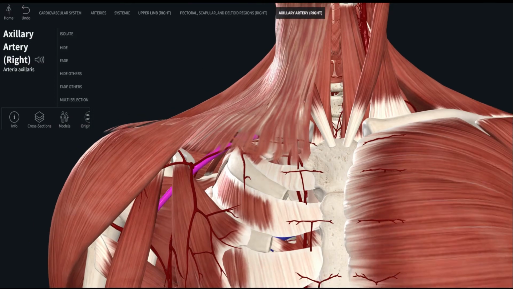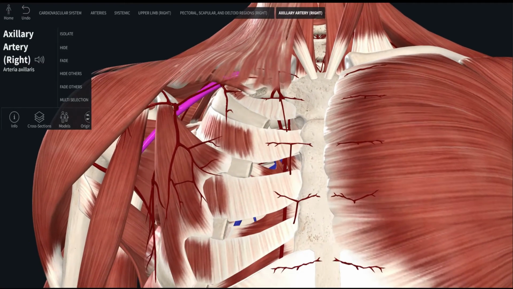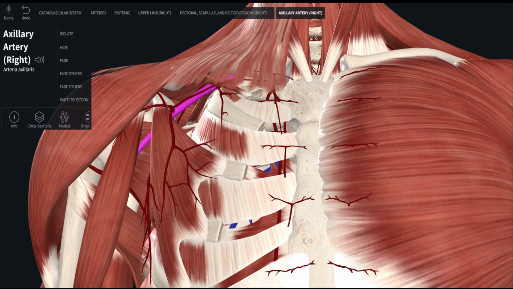Pectoralis major itself again will be an anterior relation. Why? Because as you can see, this is the pectoralis major. If the pectoralis major had been present, you would not have been able to see the axillary artery. That's why I have removed it. But you can understand why it is the anterior relation. So these are more or less the general relations which will always be constant for all the parts.